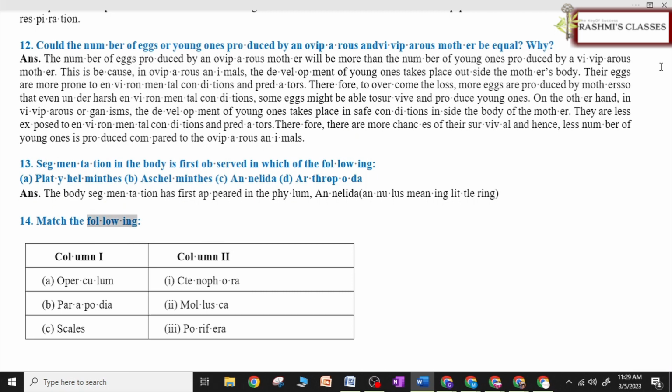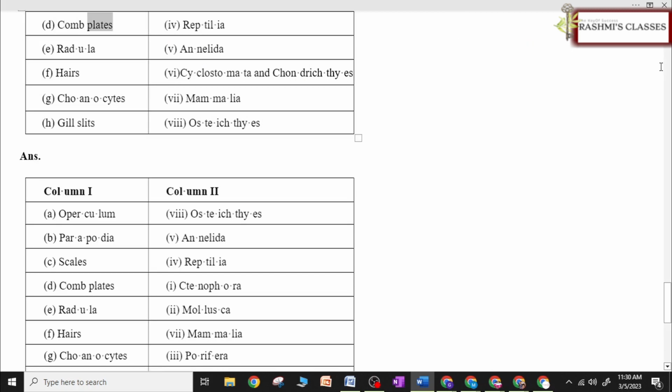Match the following. Column 1: A. Operculum, B. Parapodia, C. Scales, D. Comb plates, E. Radula, F. Hairs, G. Choanocytes, H. Gill slits. Column 2: 1. Ctenophora, 2. Mollusca, 3. Porifera, 4.